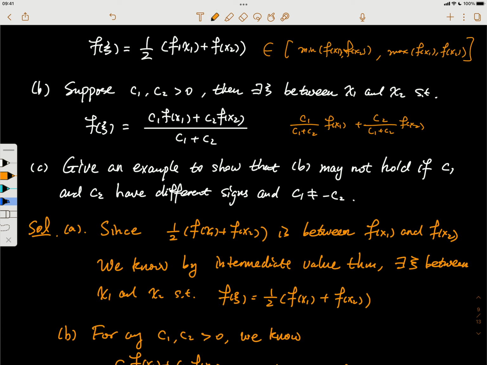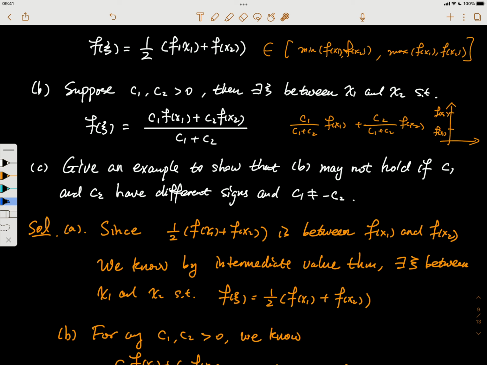So if you think in this way, let's say f(x1) is smaller than f(x2), then this number is just somewhere in between, right? The extreme case is that if c1 is 0, then this will be just 0, and this will be just 1, because c1 is 0.